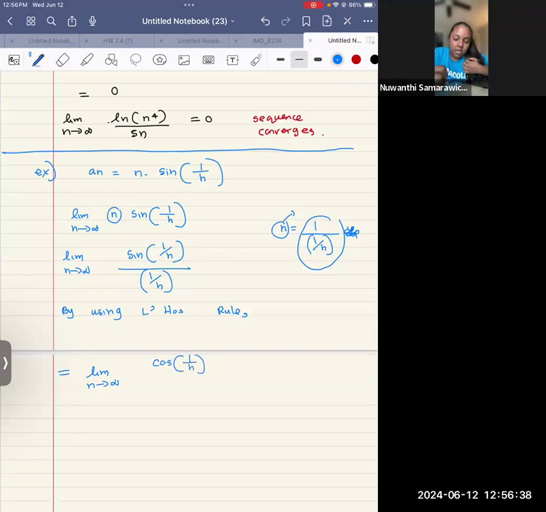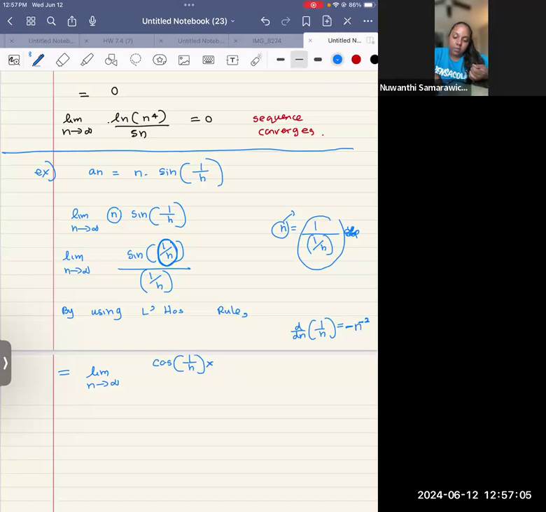And then by the chain rule, we have to multiply by the differentiation of the inside term. So when you differentiate 1 over n, you will get minus n to the power negative 2.